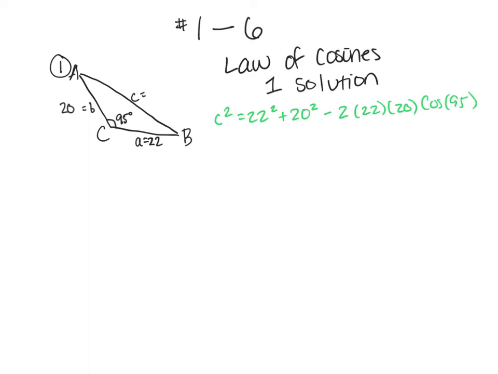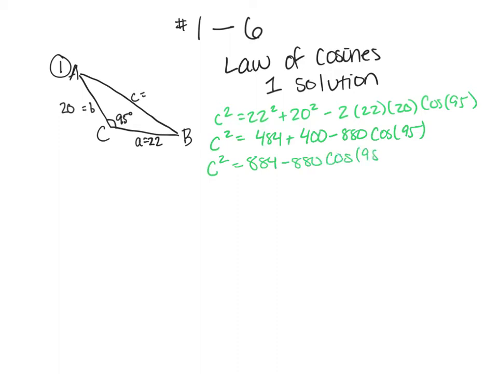So this will be C squared is equal to 484 plus 400 minus 880 cosine of 95. Let's add up these numbers. So we got 884 minus 880 times cosine of 95.